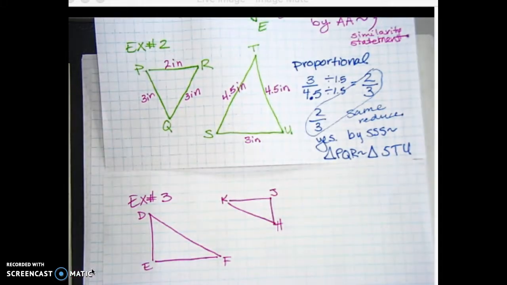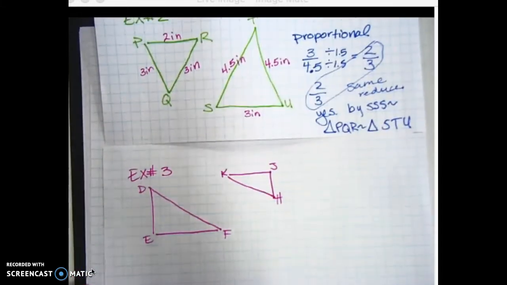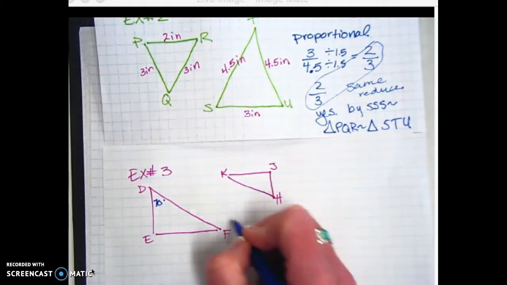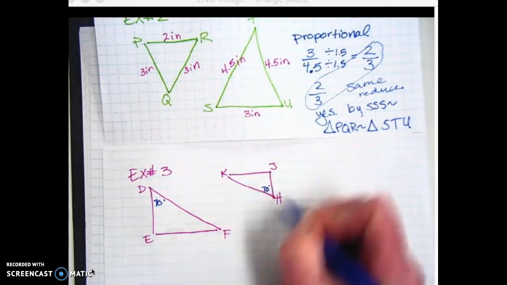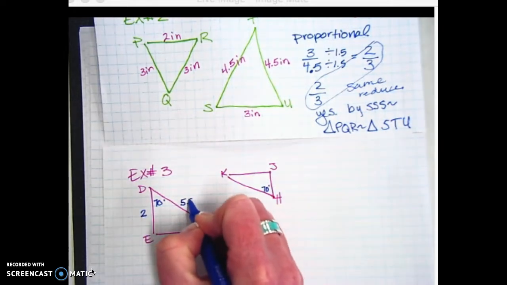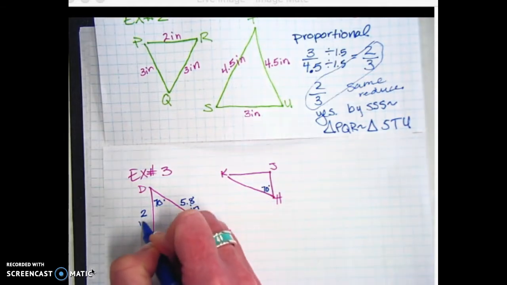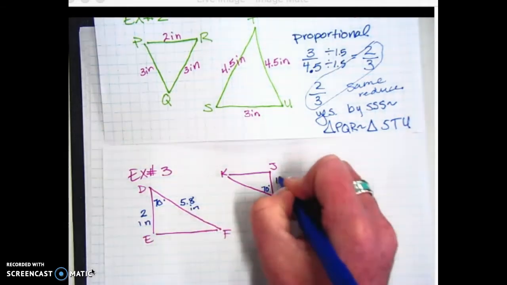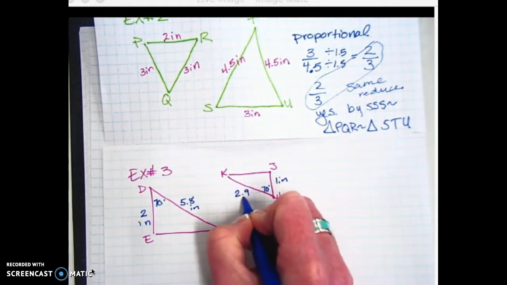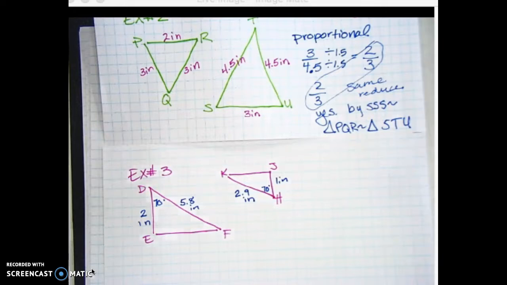All right, so there's my 2 triangles. Let me give you some measurements. All right, there's your measurements.